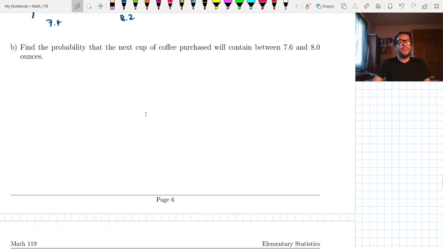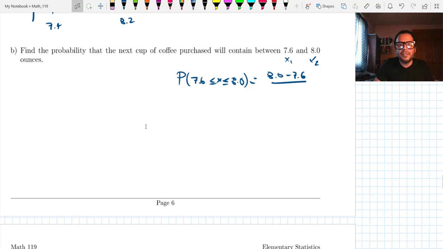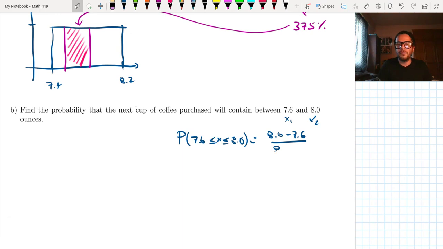Find the probability that the next cup of coffee purchased will contain between 7.6 and 8.0 ounces. So this will be x1 and x2. The probability that we get between 7.6 and 8 ounces is going to be 8 minus 7.6 over, what was it again, 8.2 minus 7.4.